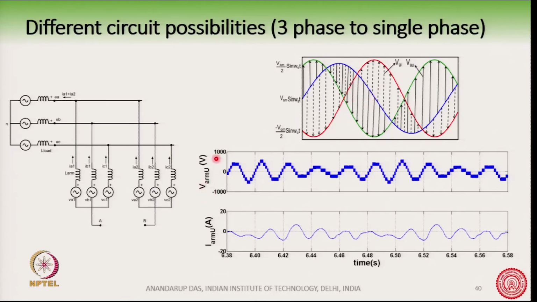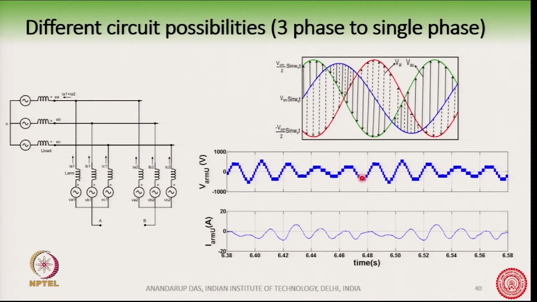If you see the arm voltage, it has many steps because it is a multi-level converter, but there are two frequency components here, because we simulated it with 50 hertz on one side and 60 hertz on the other. So, the arm voltage has both these frequency components, and this is expected because when we were converting from DC to AC, the arm voltage had a DC component and an AC component.